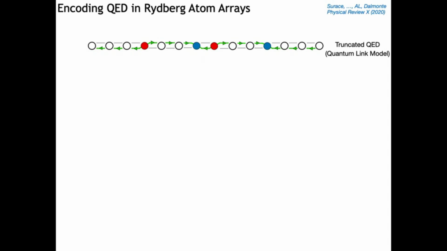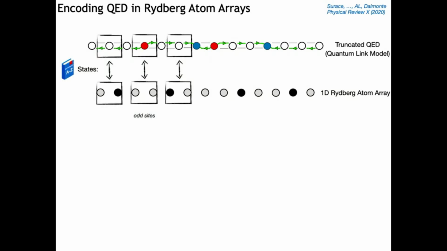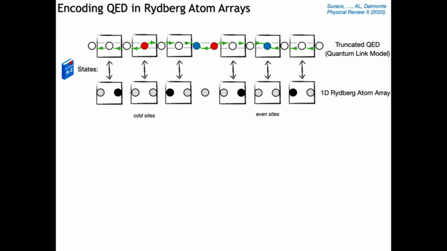And these constraints arising from gauge invariance map precisely to the constraints arising from the Rydberg blockade in the one-dimensional Rydberg atom array that I showed before, right? So in particular, you can check that all the states allowed by gauge invariance map to all and only the allowed configurations compatible with the Rydberg blockade.